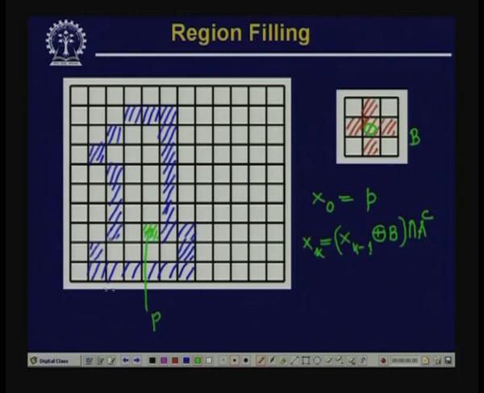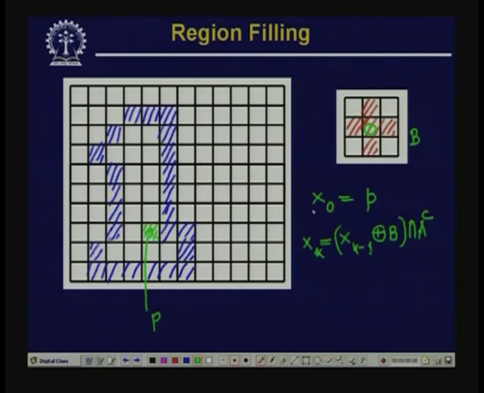These are the points in our point set A, and obviously in the complement all these points will be made equal to black and all other points will be made equal to white. So let us see how this algorithm is going to work.